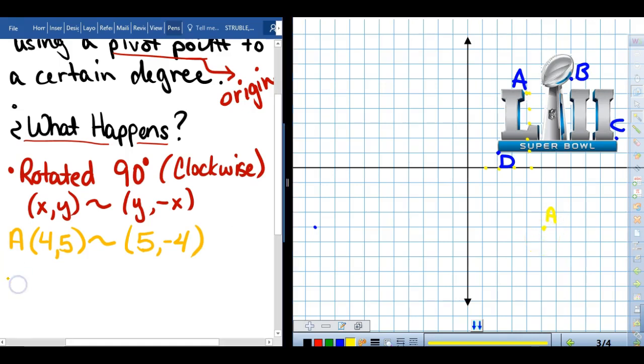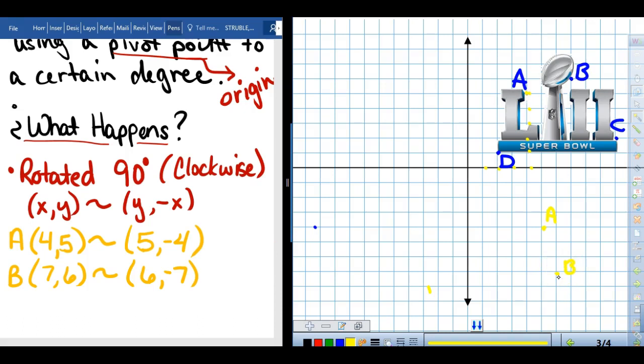Right? Let's try another one. Let's do B. What about B? B is in the position 7, 6. So after it is rotated 90 degrees clockwise, its new coordinates are going to be 6, -7. So we'll go 6, and then -7. 1, 2, 3, 4, 5, 6, 7, right there. Okay, right there is where B is now going to be.